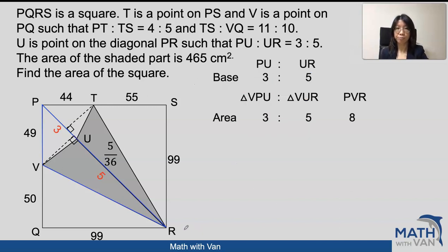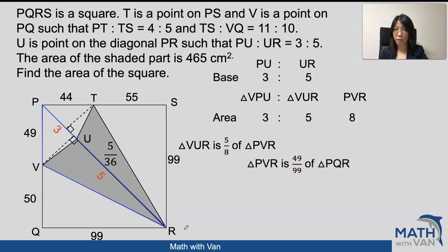And PVR, not forgetting, is 49 out of 99. Why? Because again, we can see PQR as split into two triangles, PVR and VQR. And since these two triangles share the same height, which is QR, the ratio of their bases is directly proportional to the ratio of their areas.